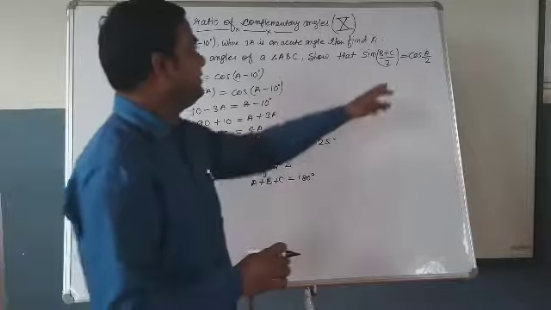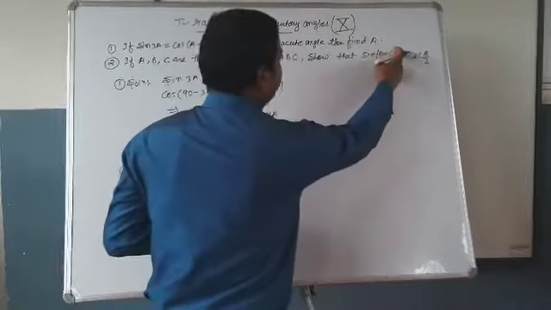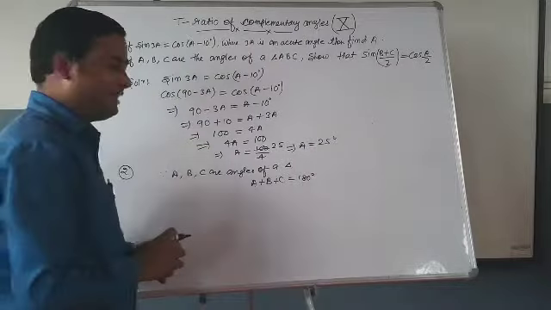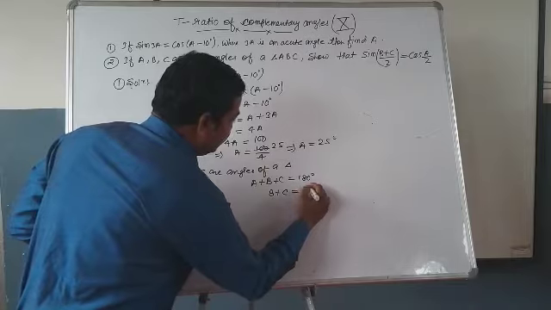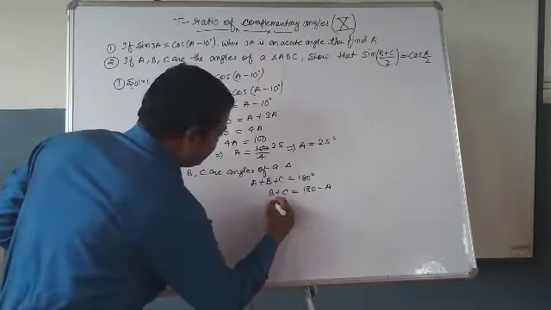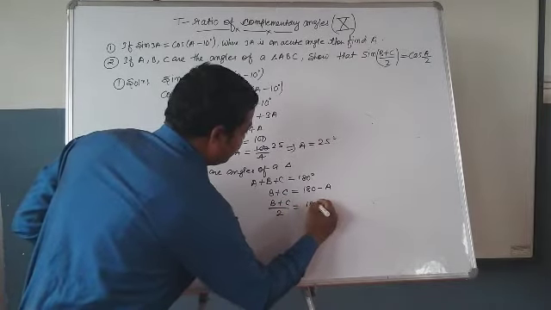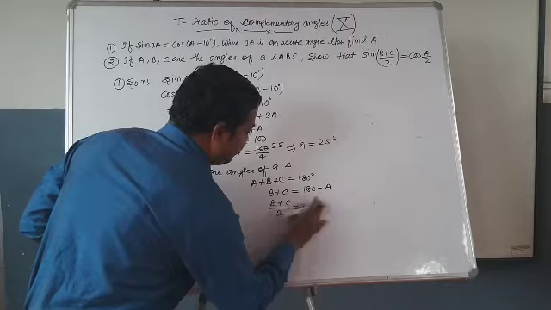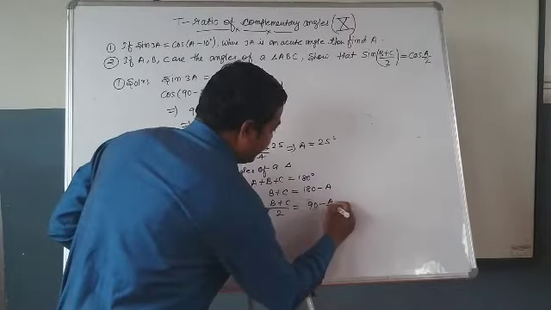Now look here, we need B plus C by 2, so A should go to the right-hand side: B plus C equals 180 minus A. Dividing both sides by 2, (B plus C) by 2 equals 90 minus A by 2.